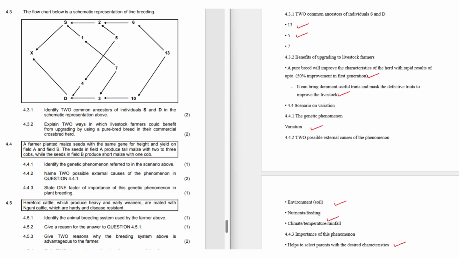We ended up having short and tall plants. So this is variation. The genetic phenomenon is variation.